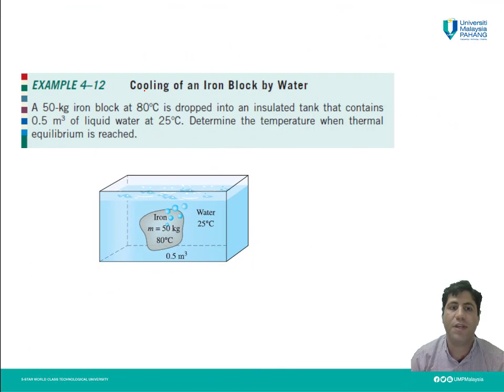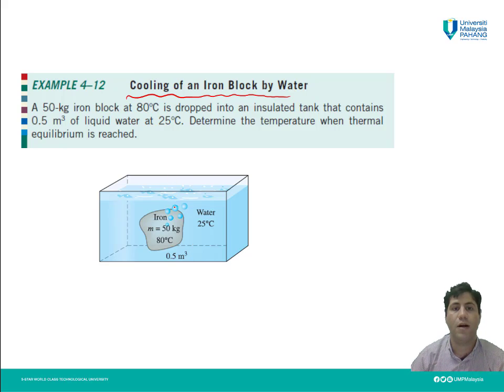We have an example here which is about cooling of an iron block by water. We have a tank which is adiabatic, or insulated. It means we don't have any heat or energy transfer between this tank and the surroundings. The tank is filled with water.